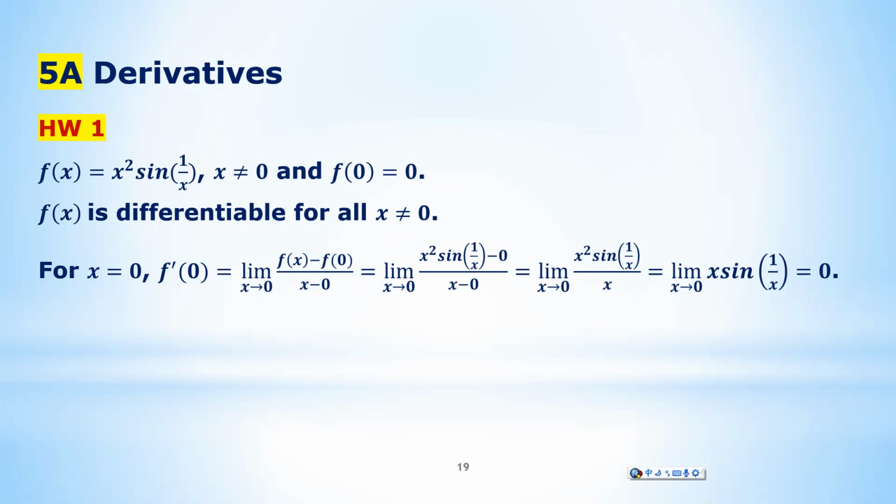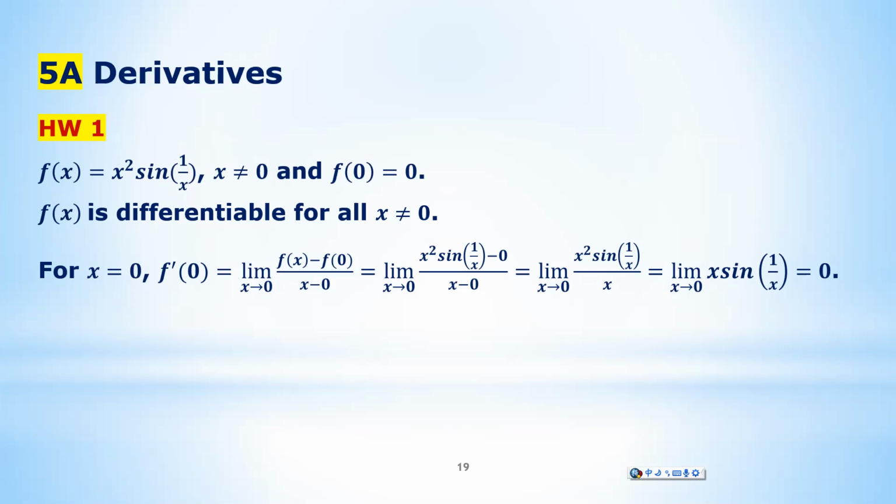So when x is not equal to 0, the expression is x squared sine 1/x. Then f(0) equals 0. Plugging all this information in, you have 0 on top and on the bottom, and one of the x cancels on the top. So you end up with the limit of x sine of 1/x.